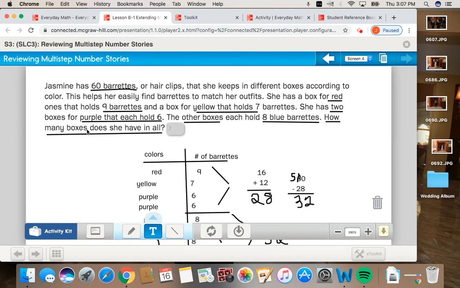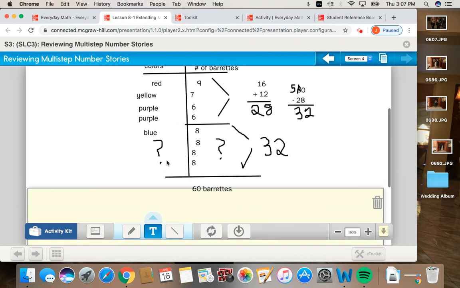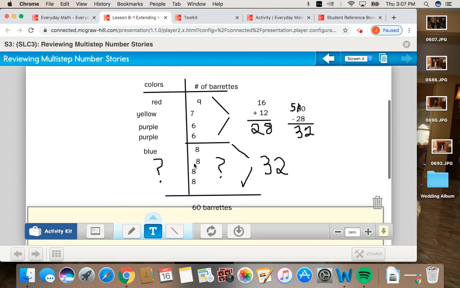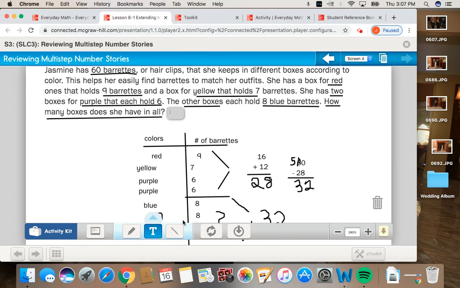How many boxes does she have in all? Well, each one of these numbers represents a box. So I know I have 4 boxes of blue. So I have 1, 2, 3, 4, 5, 6, 7, 8 boxes. So that's my answer.